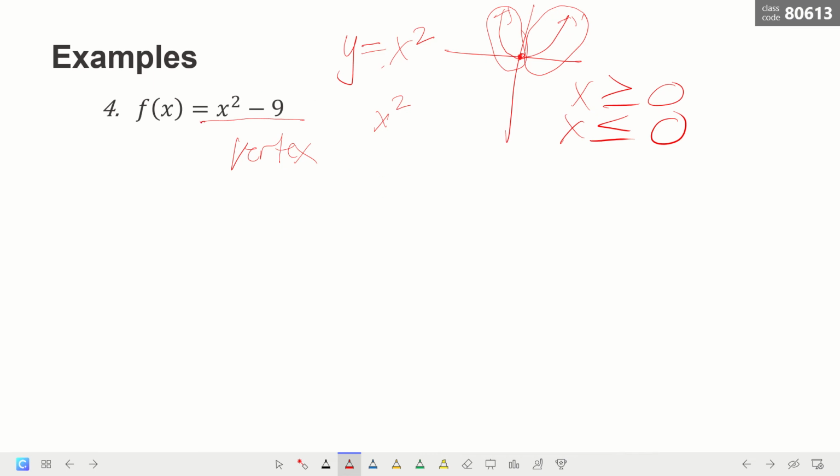For example, the vertex of this one is 0, 9, so the domain must be x greater than or equal to 0, or x. When you graph this one... wait, that's wrong.